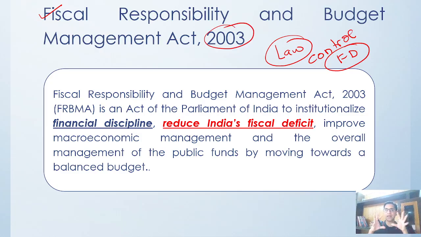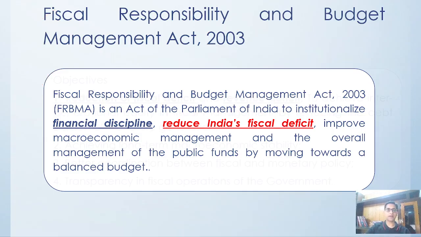So in order to make government follow certain discipline, to reduce India's fiscal deficit so that reckless borrowing cannot happen, and also to improve the overall situation in the economy, government came with a statutory law, on how the government is going to manage funds, how much borrowing can be done, and what percentage of GDP you can borrow. So this Fiscal Responsibility and Budgetary Management Act has been passed, FRBM as we call it.